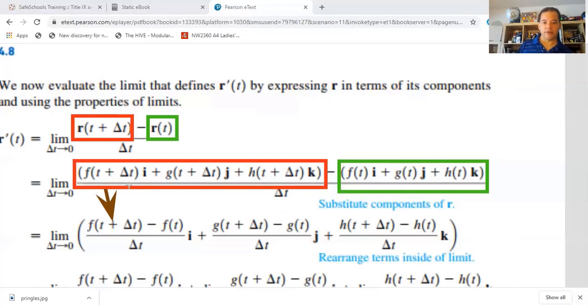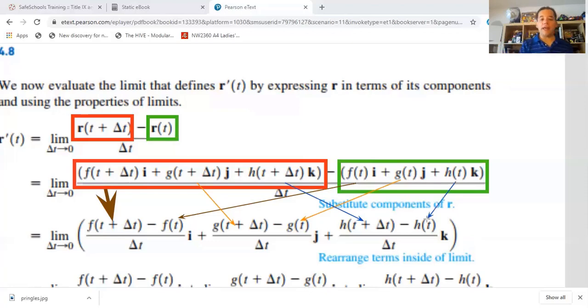And over here as well, these two terms, f of t and f of t plus delta t, go here. Then these two, the g and the g, go here. And last, this h and this h over here go there.